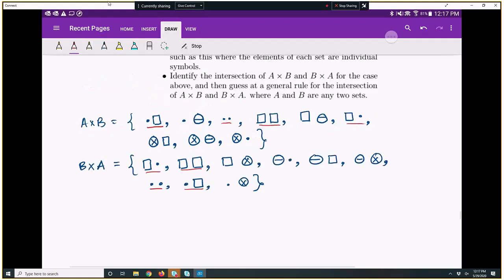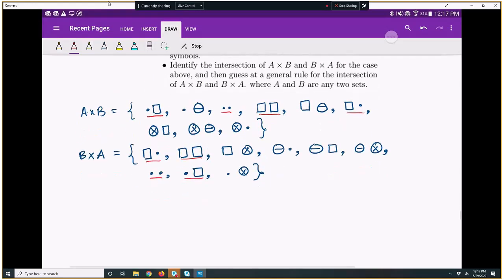So they're not the same element. But these are in common. So this is A cross B intersected with B cross A. Looks like it's going to be the set dot square, dot dot, square square, and square dot.